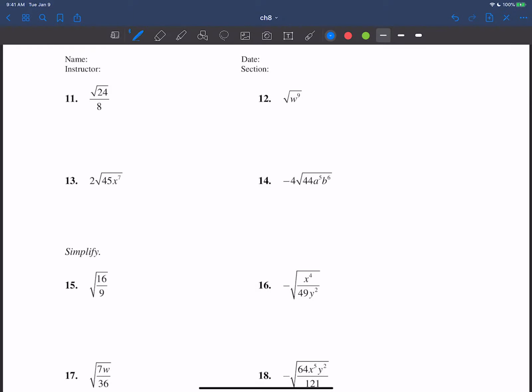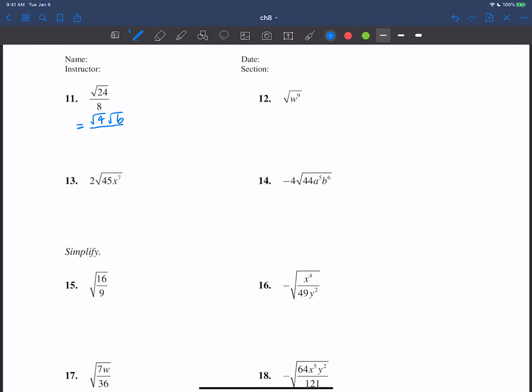Number 11. Radical 24 divided by 8. Same idea, we're going to simplify the numerical part. Radical 24, I will rewrite that as radical 4 times radical 6. Why do I do that? Because 24 has a perfect square factor 4.